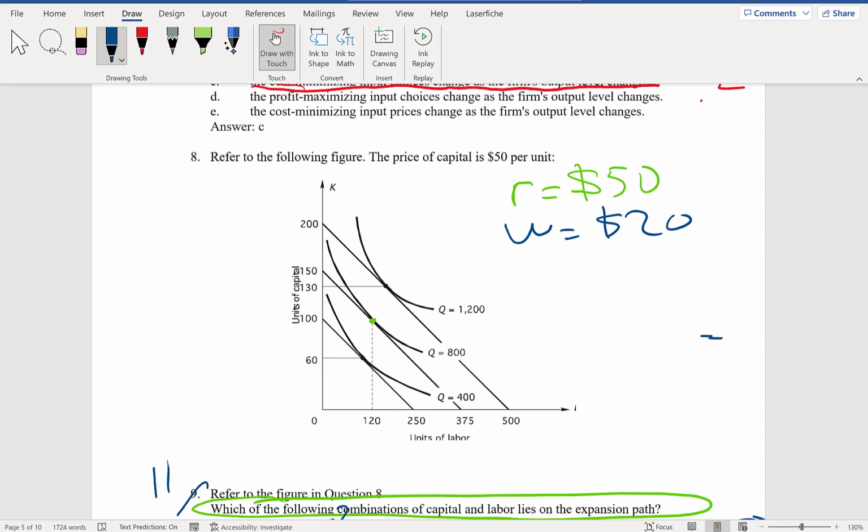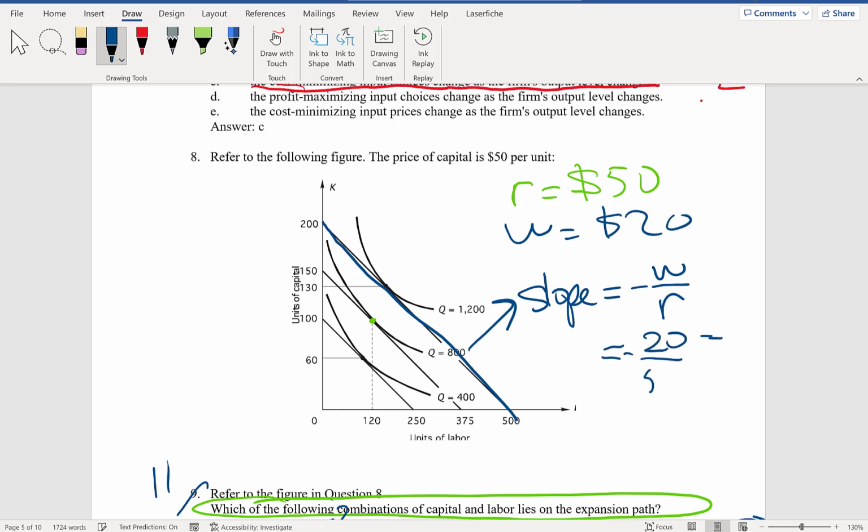What I do is use the slope formula and the triangle, right? So what's the slope of this budget line? Slope is always negative wage rate over R. So it's 20 over 50.